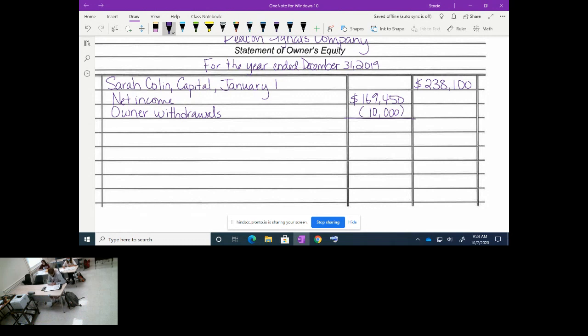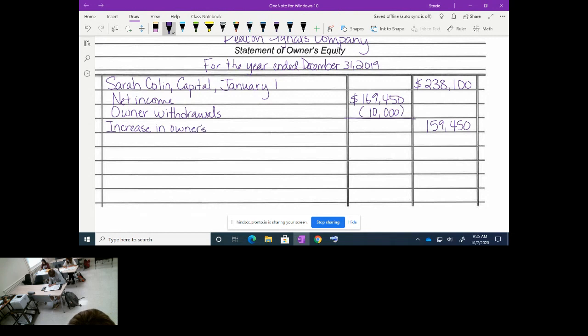So what is the net of those two numbers? That one's easy. You can do that one in your head. So what am I going to call that? An increase in owner's equity. If it was a negative number, we would call it a decrease in owner's equity.